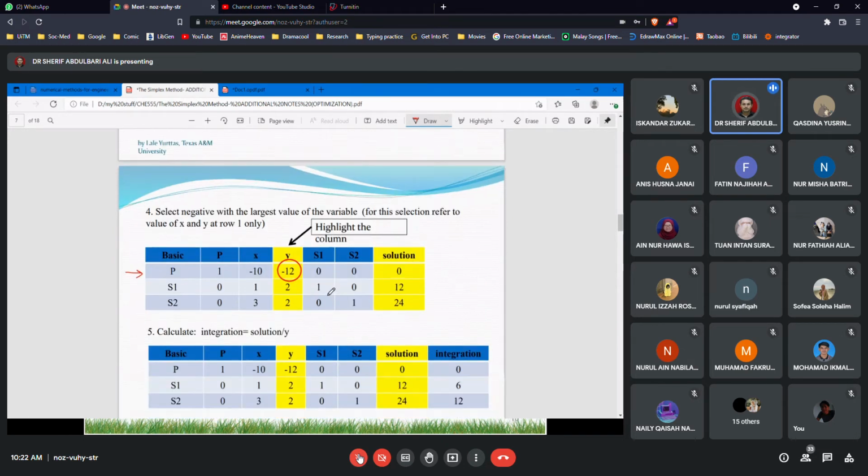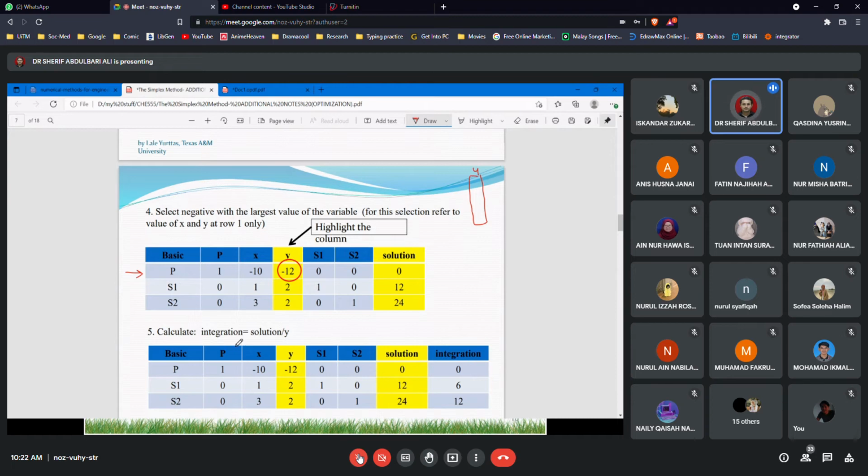So what's next, or what are you going to do now? I found the column. Now I want to find the row. So now I already found the column, which is Y. So I want to find which row is going to be intersecting. Is it S1 or S2? How to find the intersecting row?